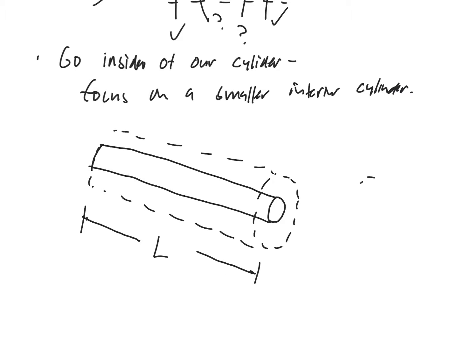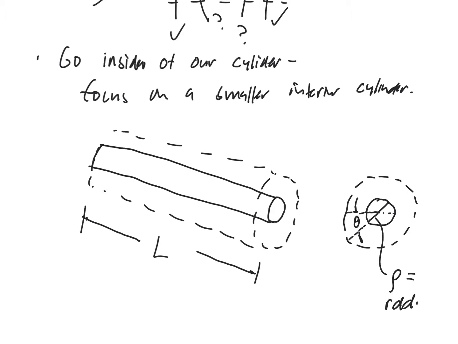And there's my end face, and here is my interior one. Same kinematic model. It was here, and now it's here. So that angle is still going to be theta. But now we're going to let the radius of this inner one be rho. So the radius of our interior segment then is going to be rho.